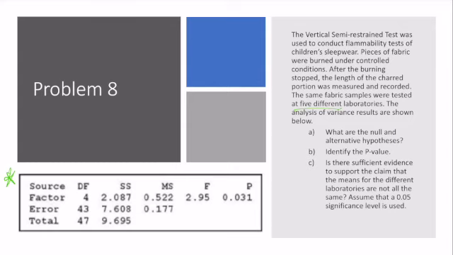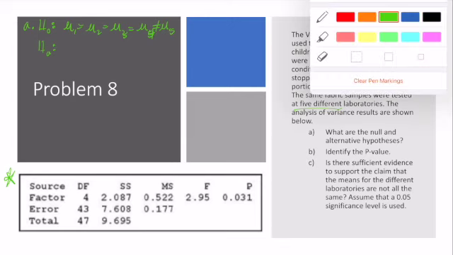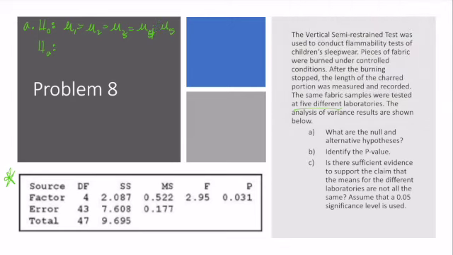So what's my null and alternate hypothesis? So my null hypothesis is that there's no difference in the mean burn lengths in the 5 different laboratories. So we had 5 different laboratories. My alternate hypothesis is that at least one of the means is different.